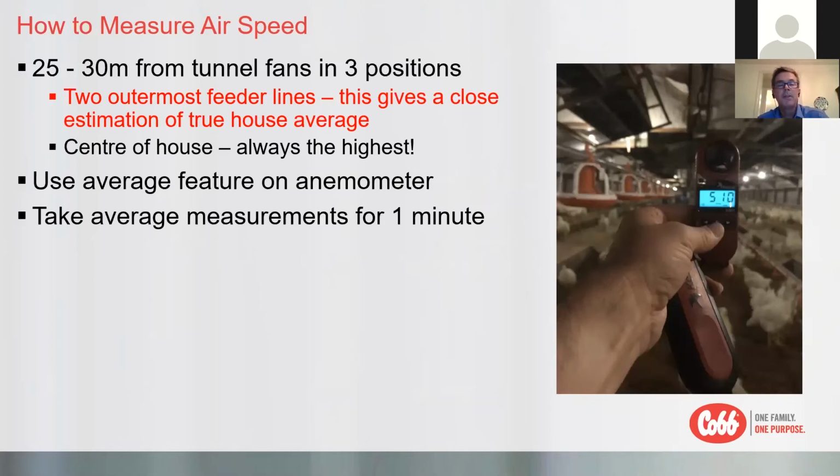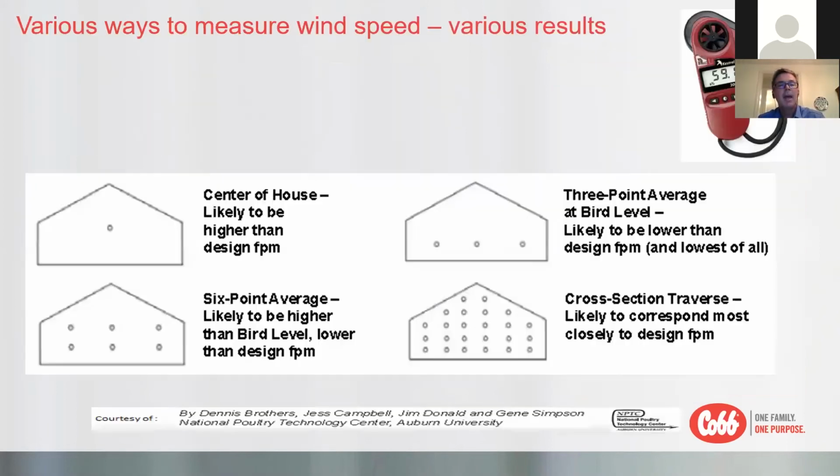We use a very simple tachometer, a Kestrel. We have to measure our speeds closer to the tunnel fans, maybe 25 meters from the tunnel fan. For simplicity, we usually take a speed reading above the first feed line, in the center of the house, and over the third feed line, or the feed line on the opposite side.